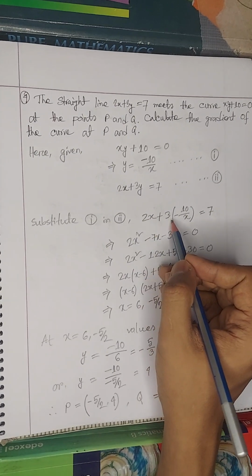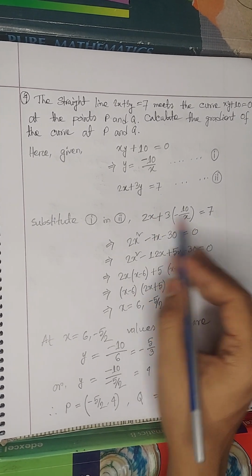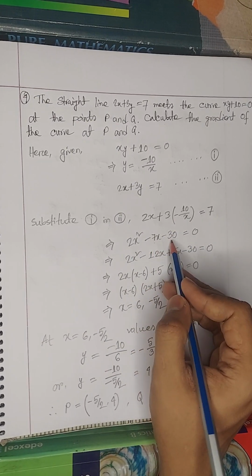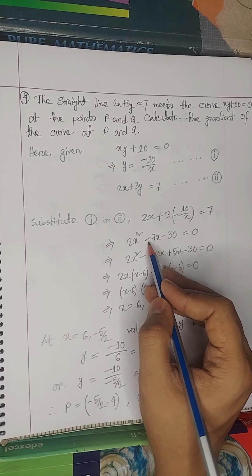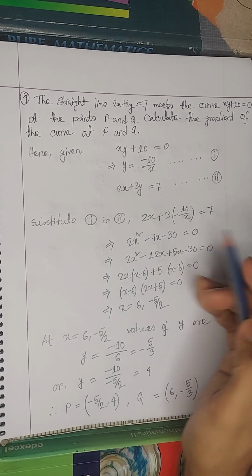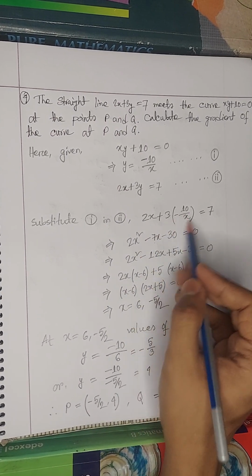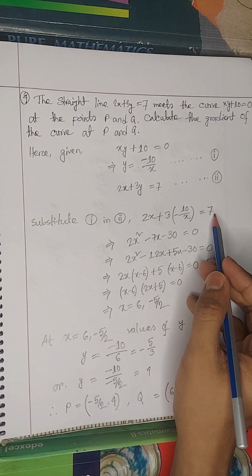So 2x plus 3 times minus 10 by x is equal to 7, and if we multiply both sides of the equation by x, then we get 2x square, this term will be minus 30, and this will be 7x.